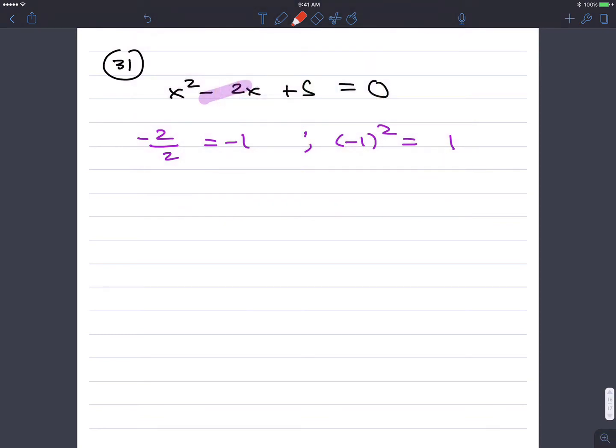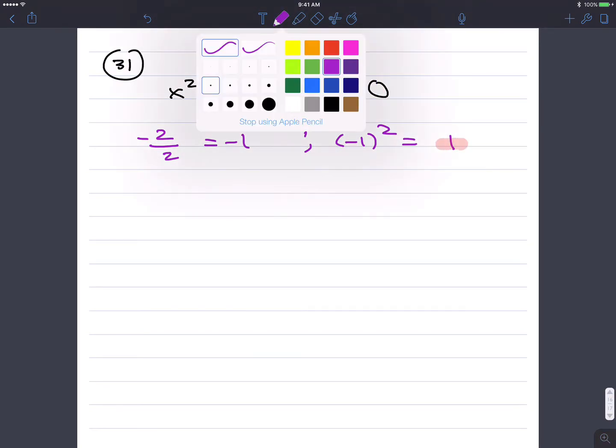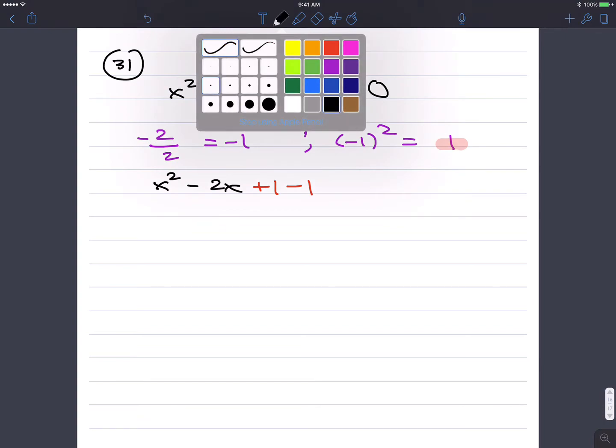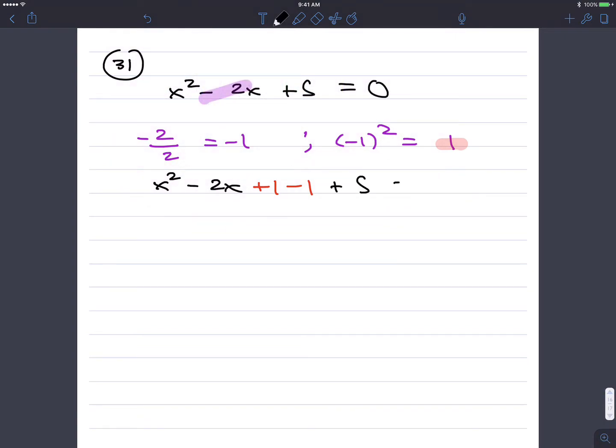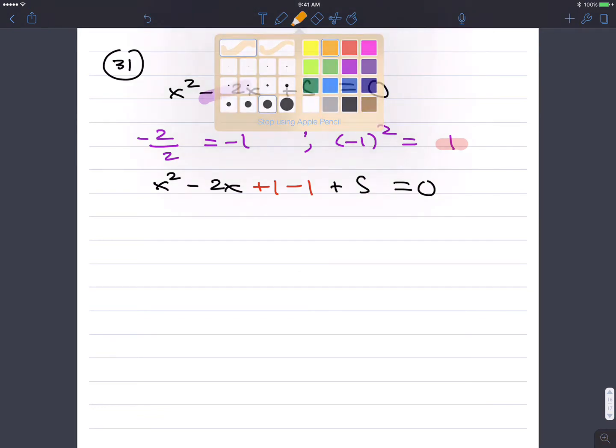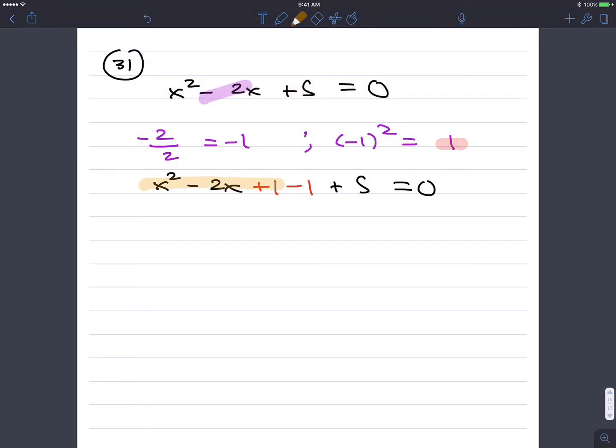We're going to use the positive 1 immediately. Okay. X squared minus 2x plus 1 minus 1 plus 5 is 0. Factor the first three terms. Perform arithmetic on the last two. X minus 1 squared plus 4 is 0.